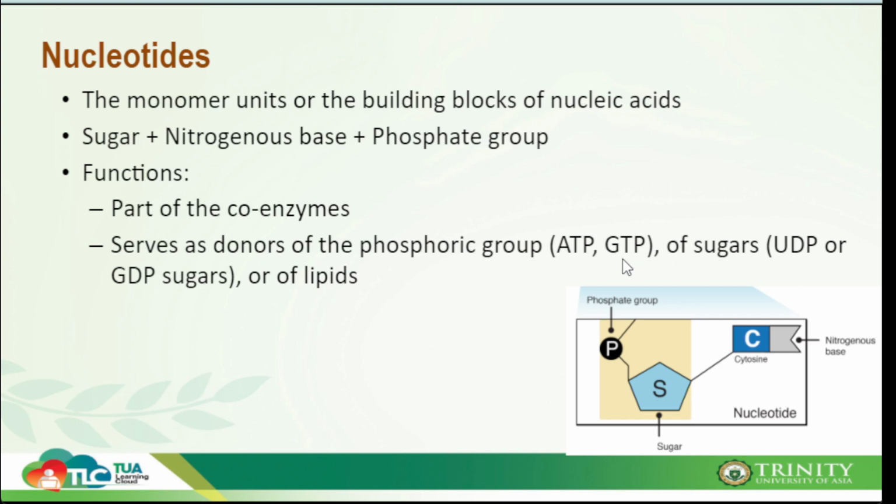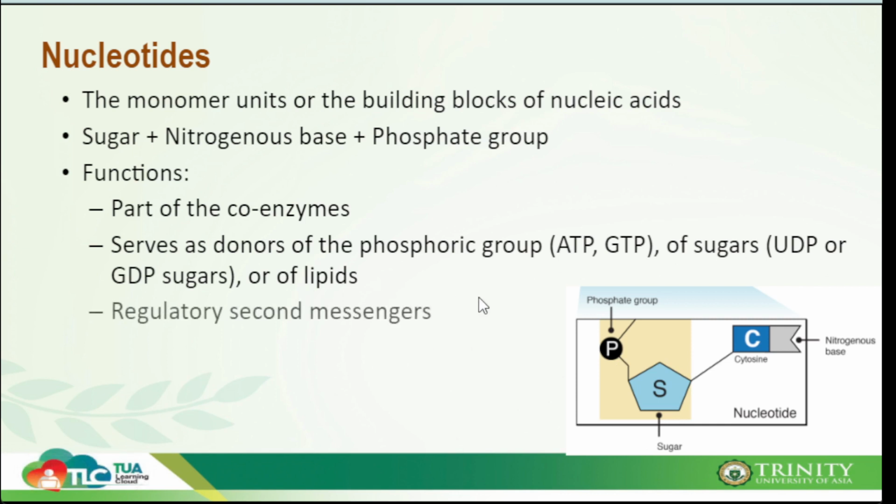Now, aside from its capability of donating the phosphoric group, it is also capable of donating its sugars. Okay? So, the sugar component of the nucleotide, we can also donate that. And it can also donate its lipids. Okay.